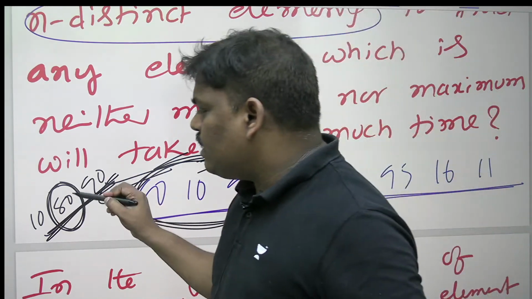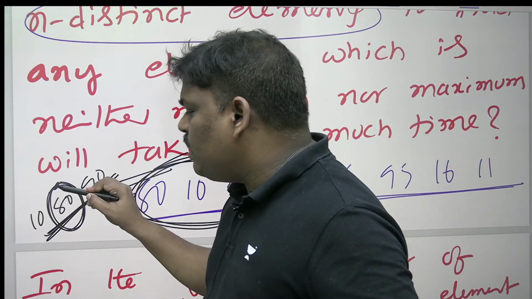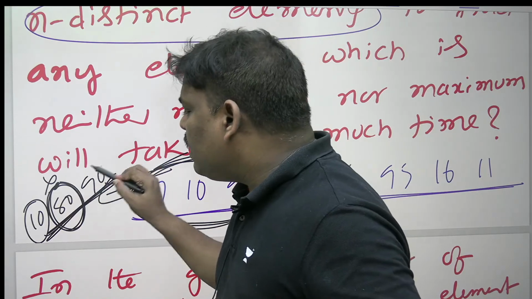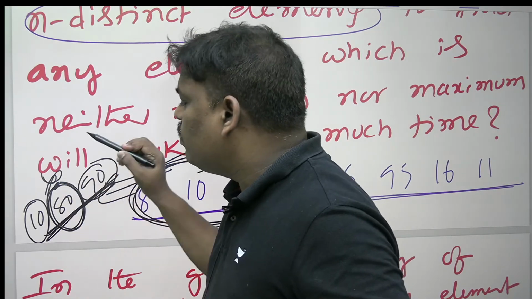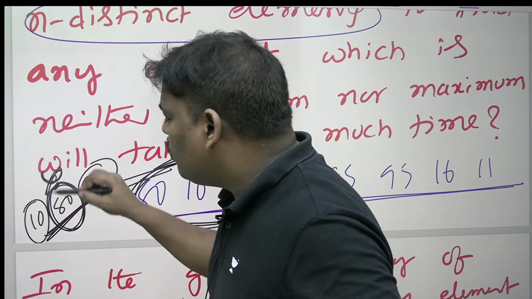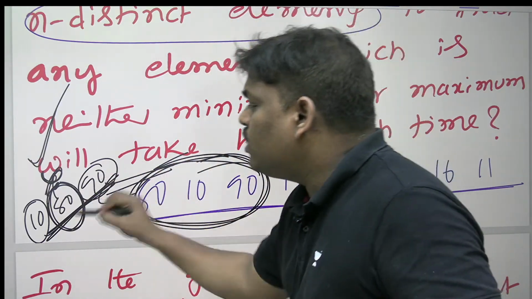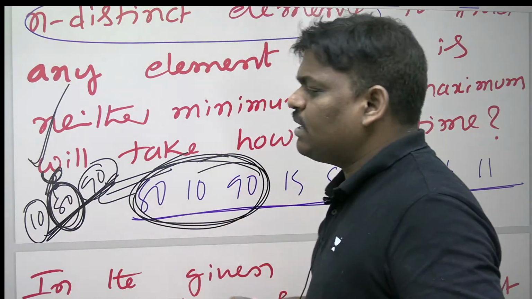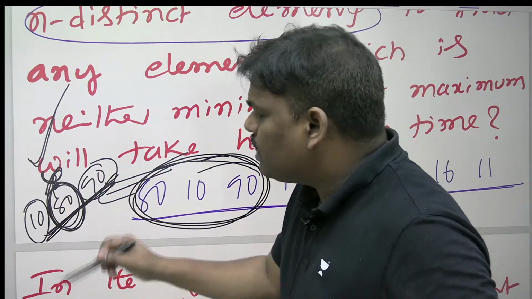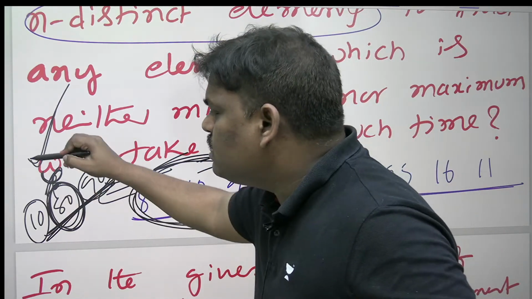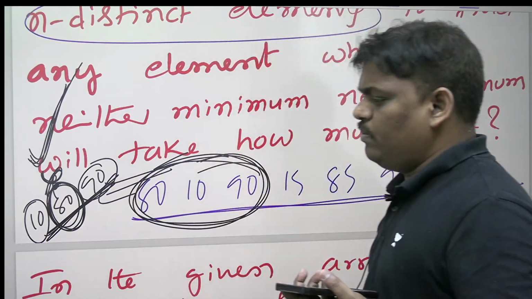The reason is that there is one element less than it, so it cannot be the minimum, and one element more than it, so it cannot be the maximum. So it is the answer.